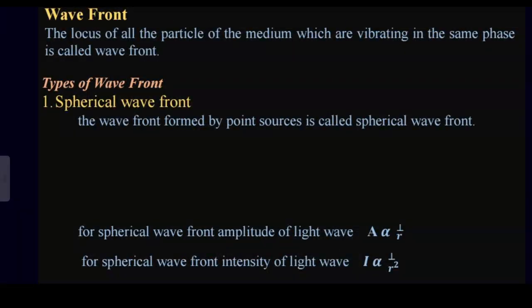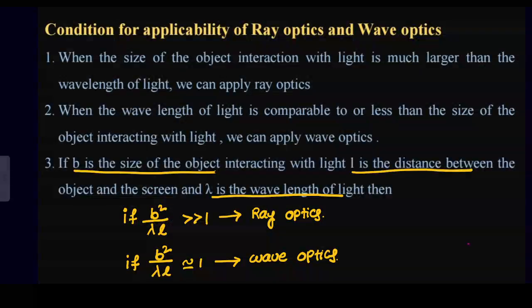Yeah, b square by lambda L. b is the size of the object, and lambda is the wavelength.